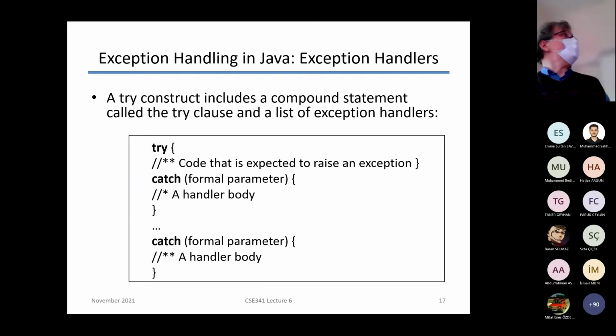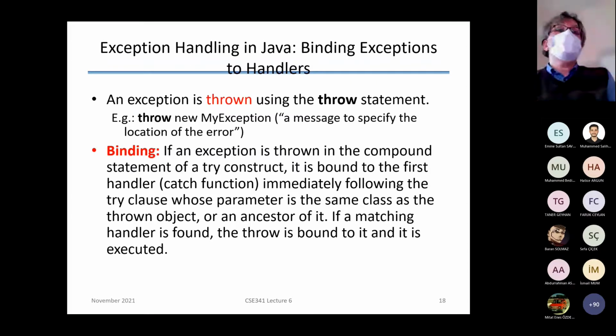And the exception handling mechanism is something like this. When you have code that is expected to raise an exception, you put that code inside a try block, and then right after that you have a catch block. Now you can see that with this catch mechanism, or the handling mechanism, the binding is happening at the unit level, at least in this particular case.